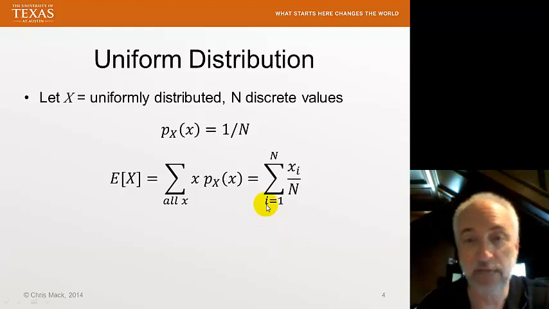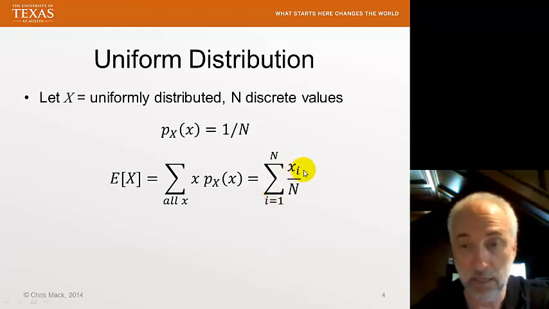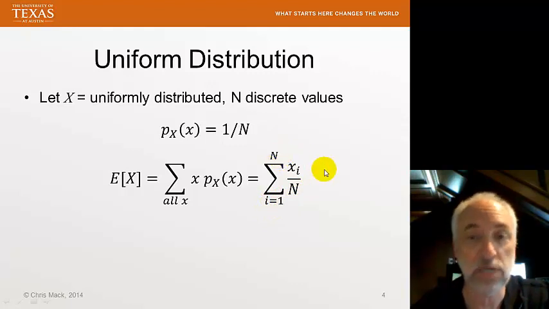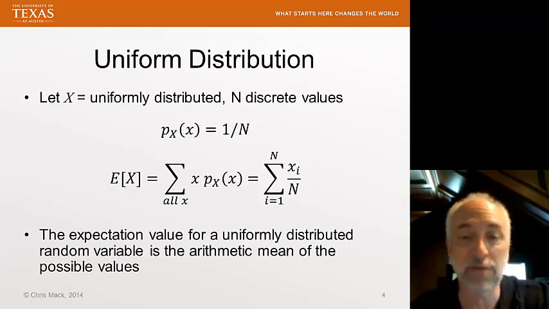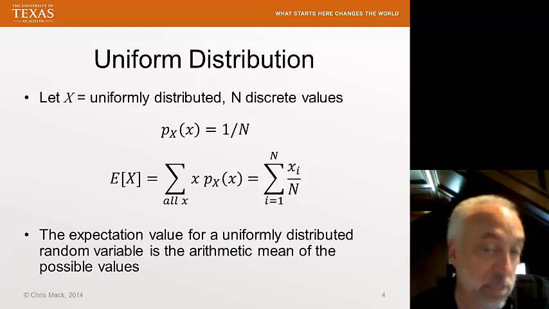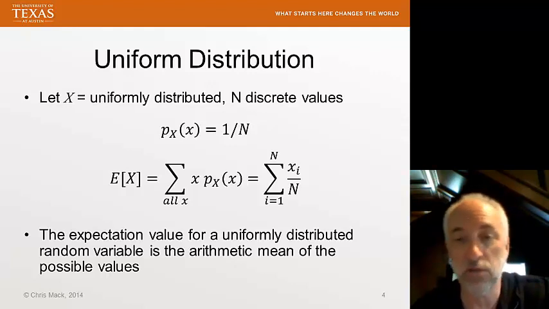The value of x I'll call x sub i, and the PMF is 1 over n for every single x sub i. So I sum them all up from i equals 1 to n, since there's n discrete values, and what do we get? Well, we get an expectation value for a uniformly distributed random variable that is the arithmetic mean of all of the possible values. So I take all the possible values and calculate their mean. I get the expectation value for that variable.